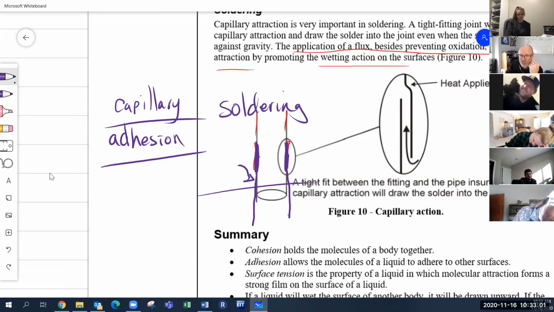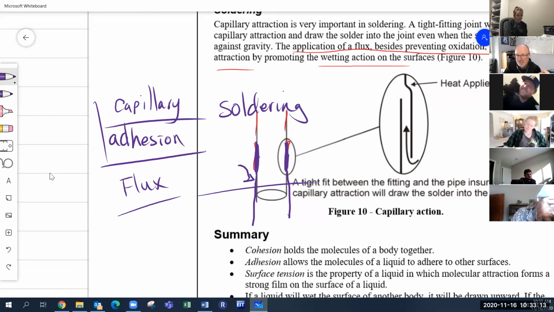Because of this adhesion, you put flux in there and the solder sticks to where the flux is. In this application, it sticks there. So you have the flux as a wetting agent, wetting that surface.